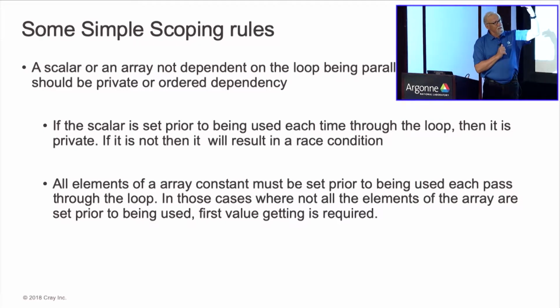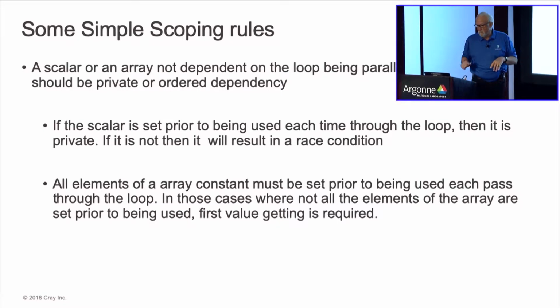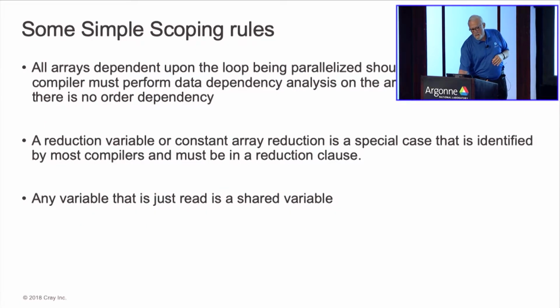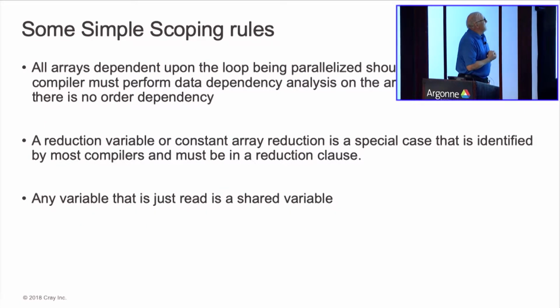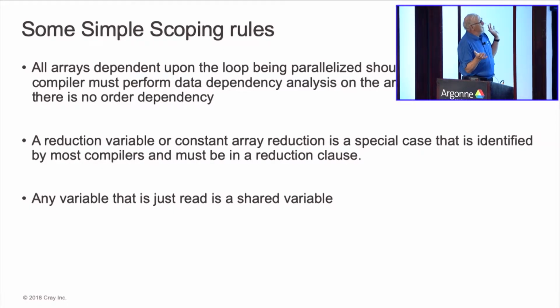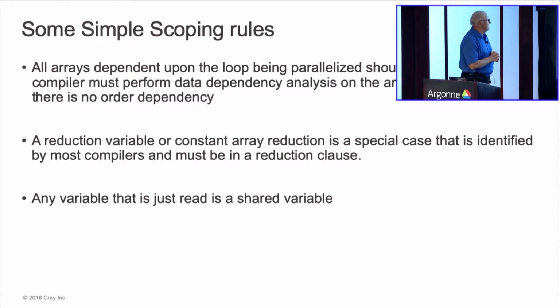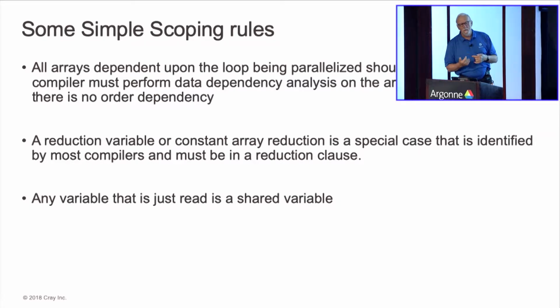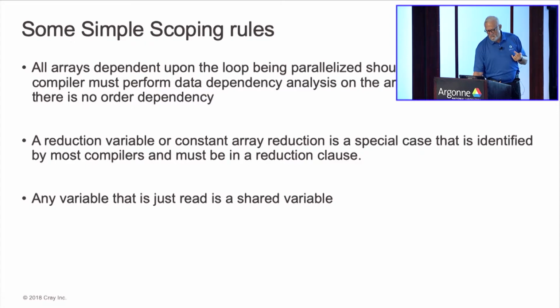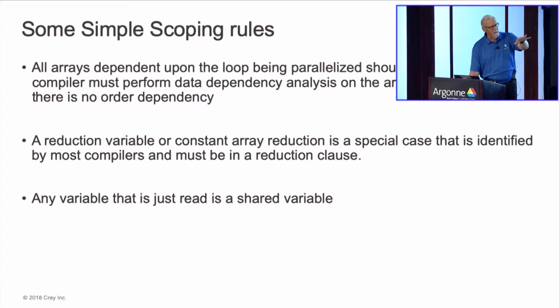In other words, the master gives all the threads the first value of the array. Okay? All arrays dependent upon the loop being parallelized should be shared. And reduction functions are special cases that must be in a reduction clause. And any variable that is just read is shared.